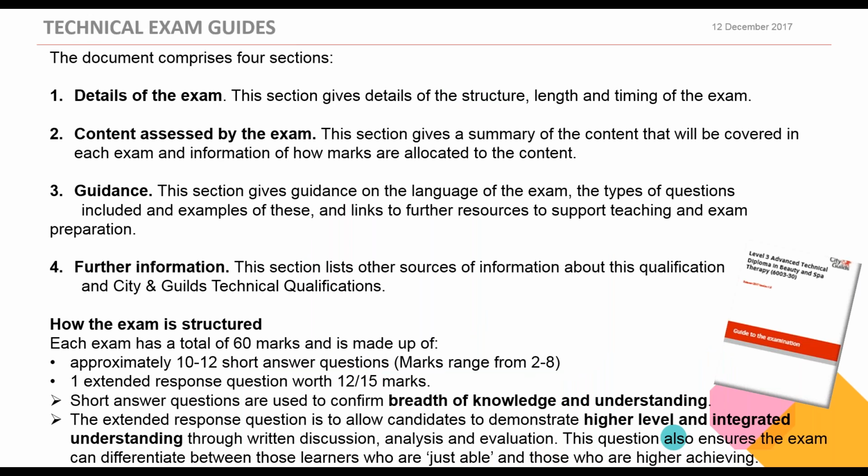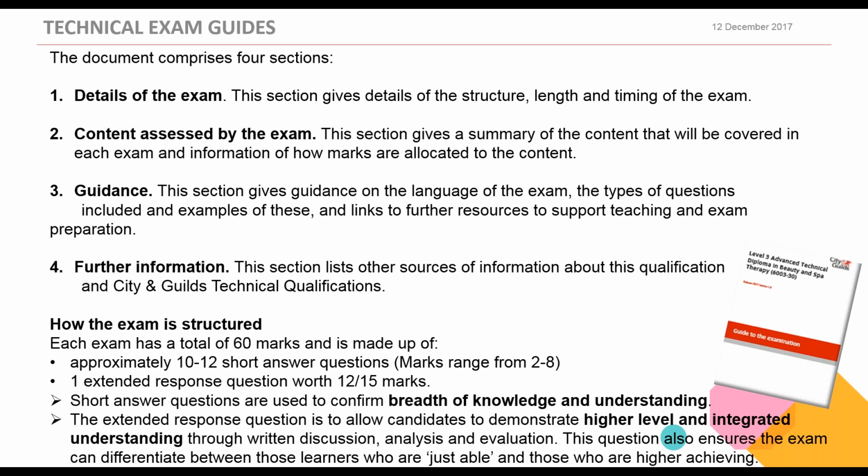Okay, so I'm going to go through the new technical exam guides. These are going to be your Bible, and they have some more mock exam questions in there for you. In the exam guides, the first section has details of the exams.